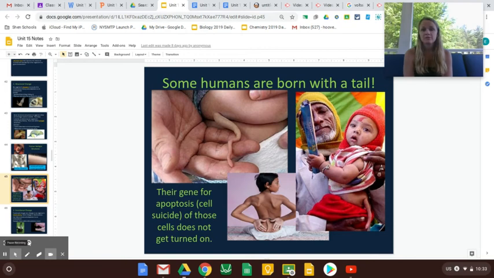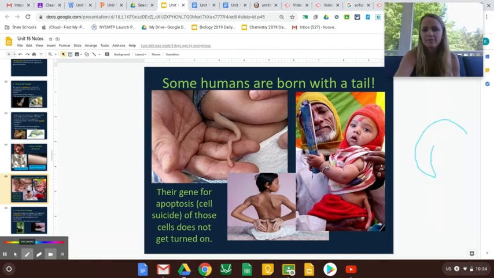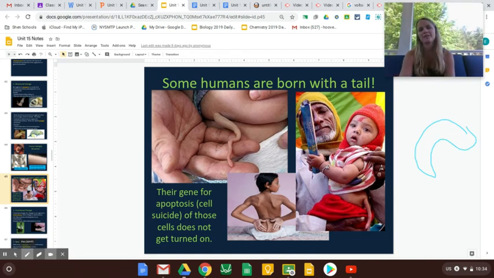Another piece of evidence for evolution with structures is that some humans are born with a tail. So that kind of shows that maybe we evolved from something with a tail. And the reason it happens is we have a gene for apoptosis that actually tells cells to die. So when you're a little embryo fetus, you do kind of have a little tail. This is what you kind of look like at first.